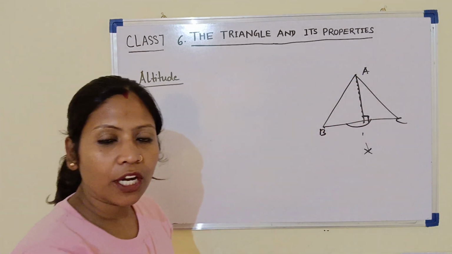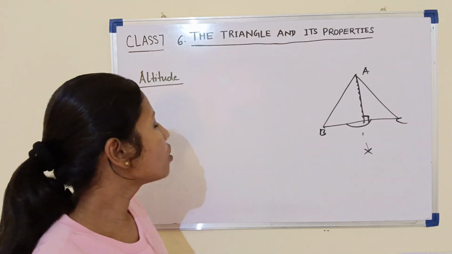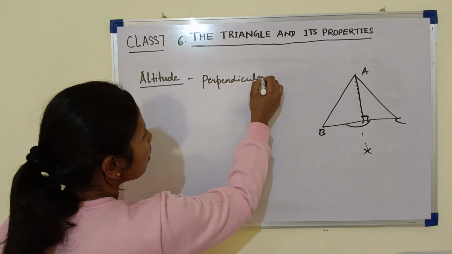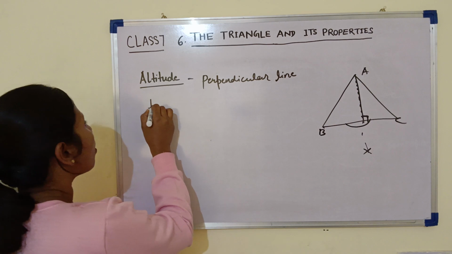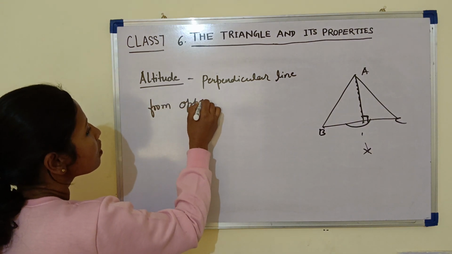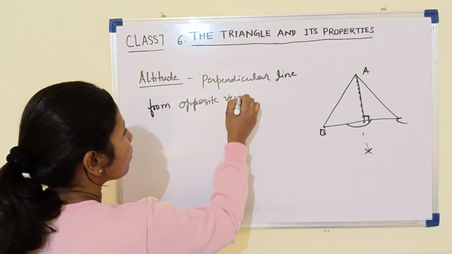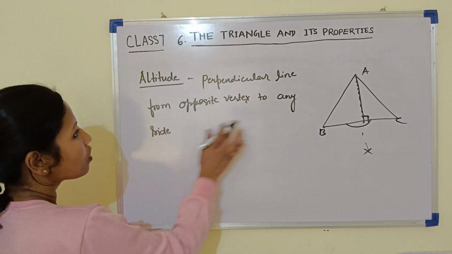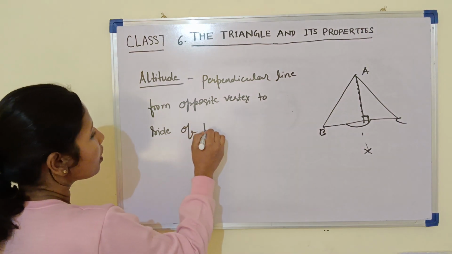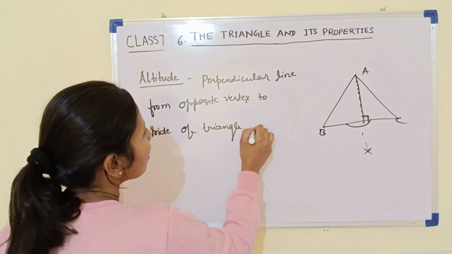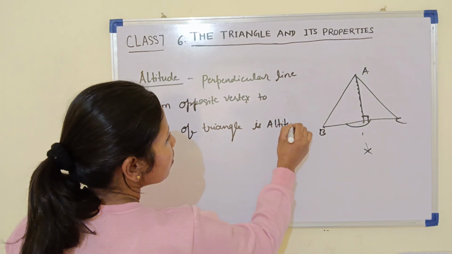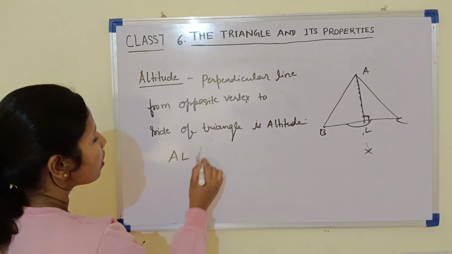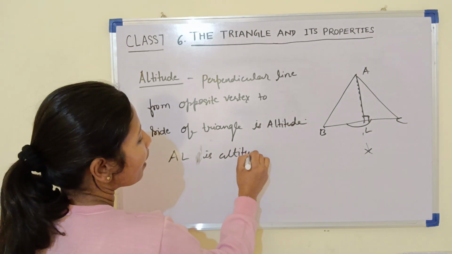You have to draw a perpendicular from the opposite vertex to any side of the triangle; that is the altitude. So this AL is the altitude.